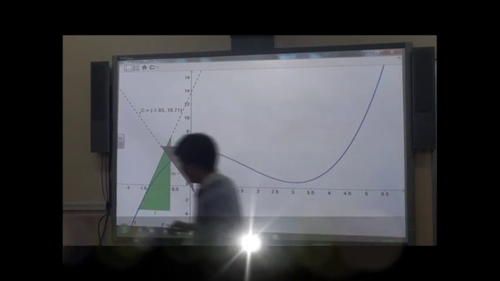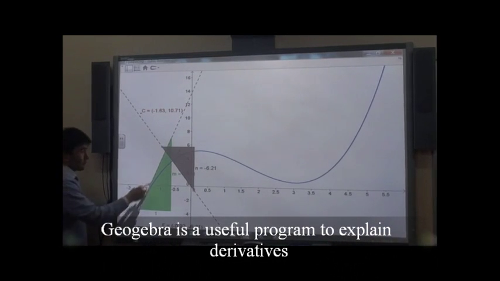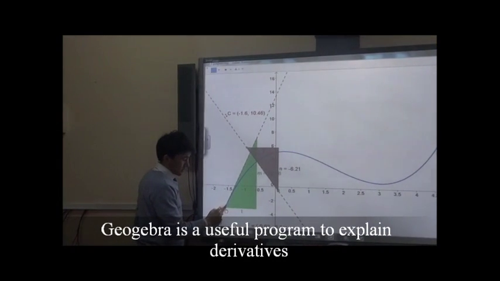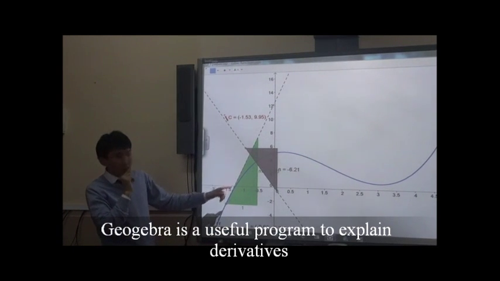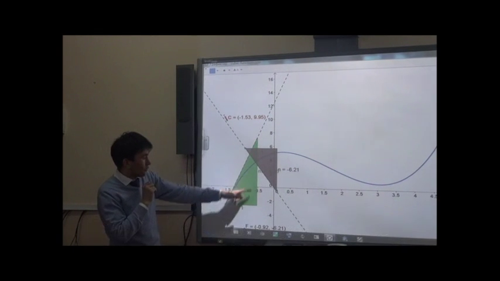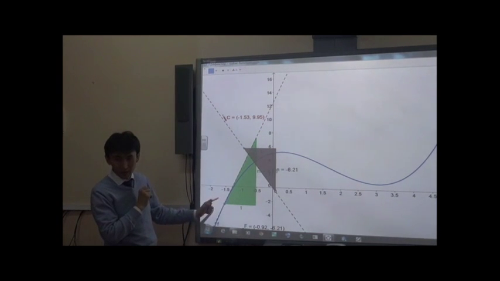We know that the geometrical meaning of the derivative is the slope of the function at that point, the slope of the tangent line at that point.